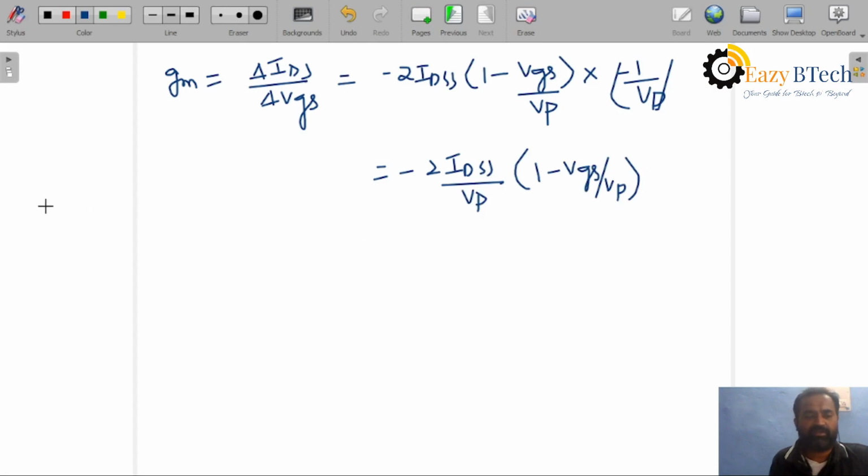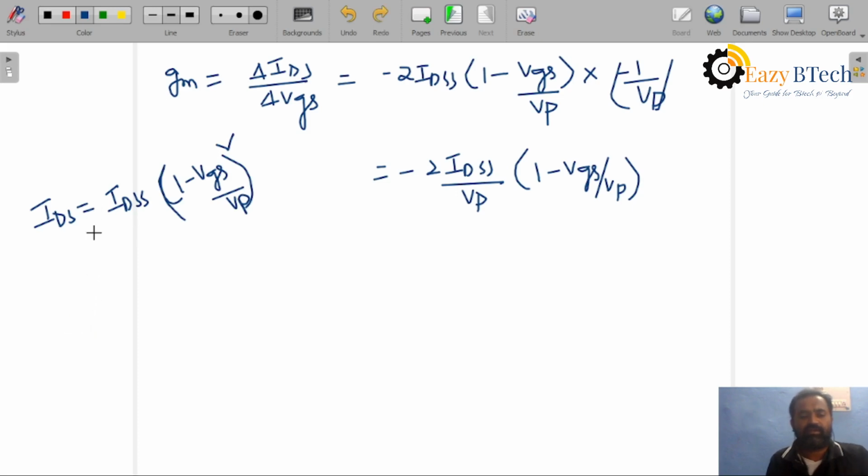Okay, students, we know the formula IDS is equal to IDSS into 1 minus VGS by VP whole square. Now from this we will write IDS by IDSS is equal to 1 minus VGS by VP whole square.